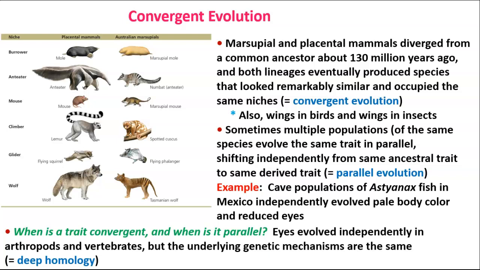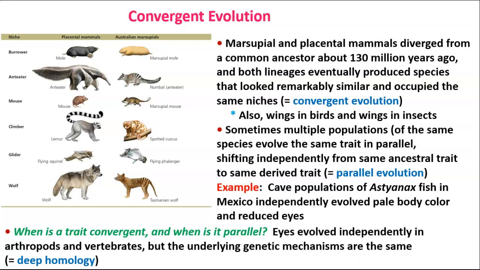So a good example of parallel evolution, and there are many of them, are cave populations of Astyanax fish. It's a tough one to pronounce. And in fact, do I still have it here on my iMac? Let's see. Astyanax, there you go, pronunciation. Astyanax.